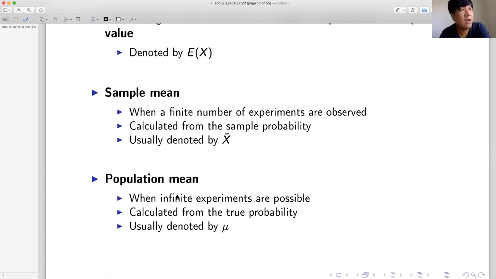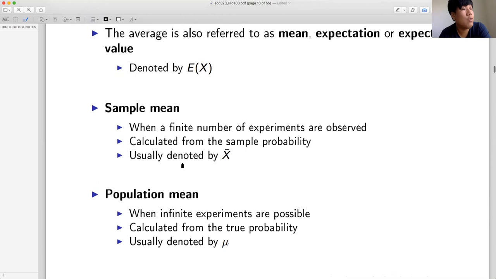That is the law of large numbers that you're going to learn later. Sometimes the sample mean and population mean might be different, but when you have enough sample size, they will be the same.